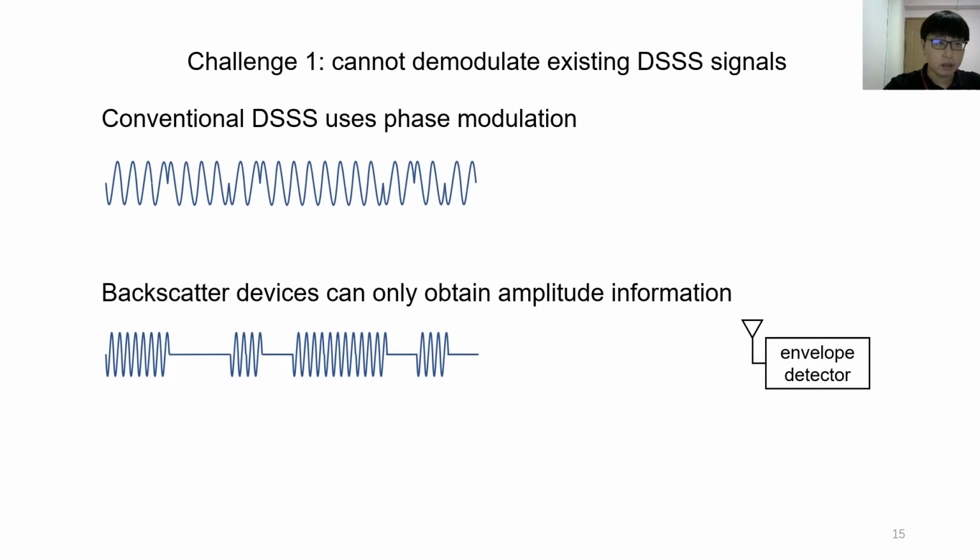To achieve passive DSSS, we need to address three challenges. Let's first see challenge 1. Backscatter devices cannot demodulate existing DSSS signals, because conventional DSSS uses phase modulation, but backscatter devices can only obtain amplitude information using envelope detectors.